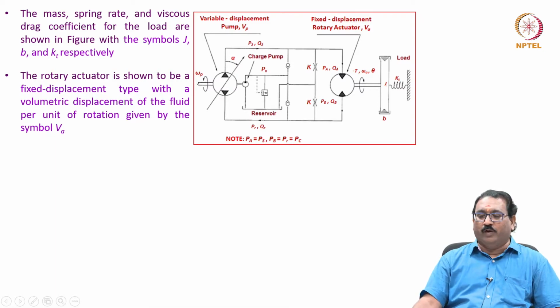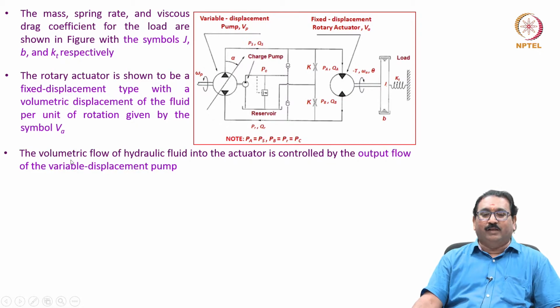The rotary actuator system shown here is a fixed displacement type, with the volumetric displacement of fluid per unit rotation given by the symbol VA. The volumetric flow of the hydraulic fluid into the actuator is controlled by the output flow of the variable displacement pump.